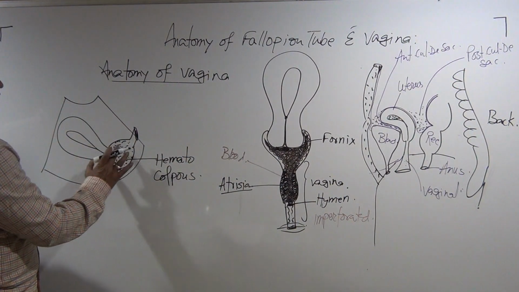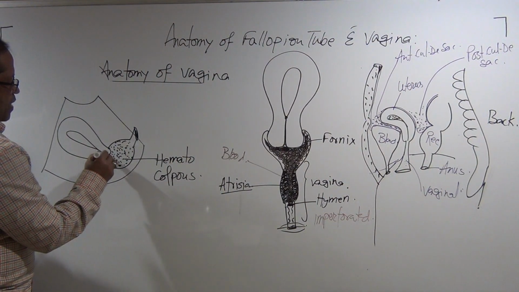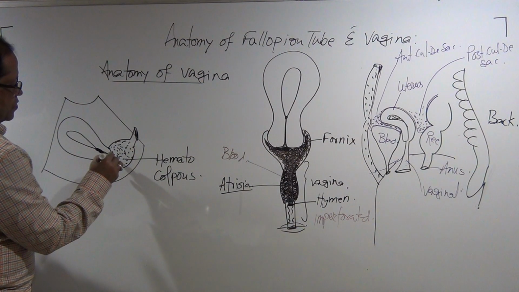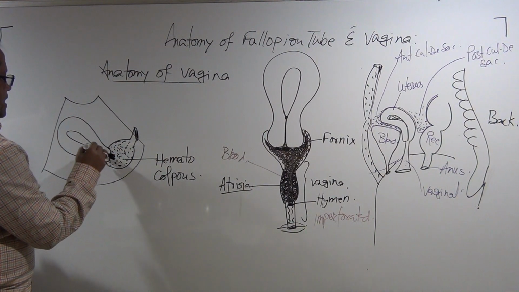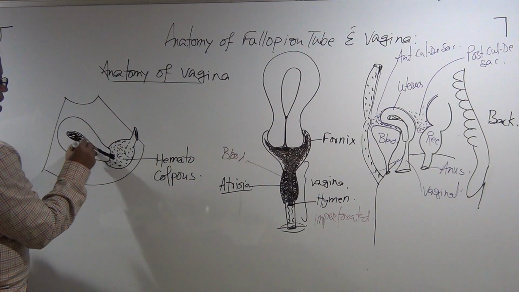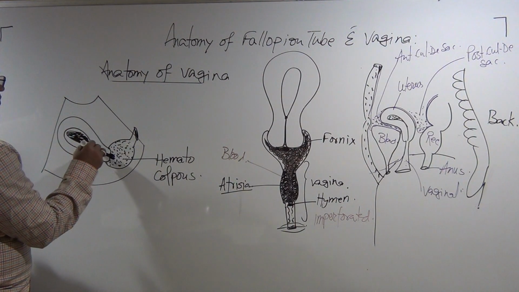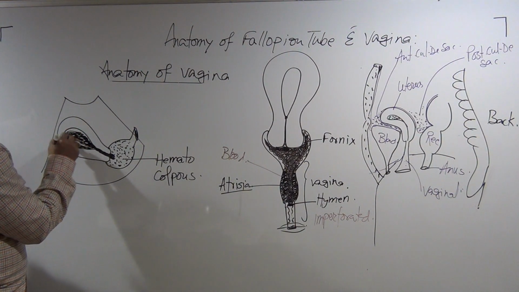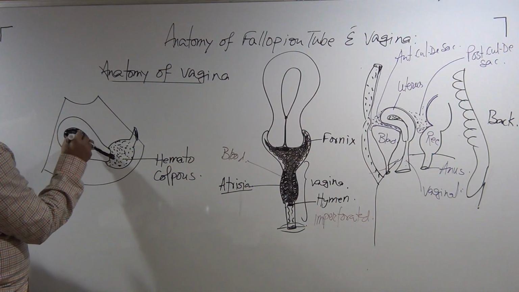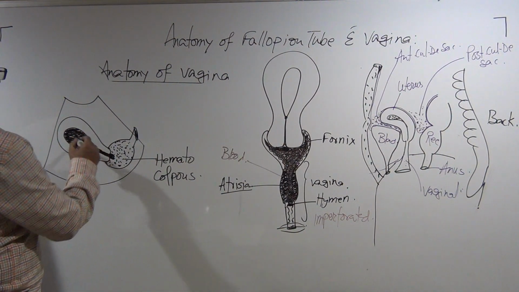And when this is enough, it cannot expand anymore, then the blood will extend through the cervix and the blood will go into the uterus and it will fill up the uterine cavity. So you will see the blood in the cervix, blood in the uterus.